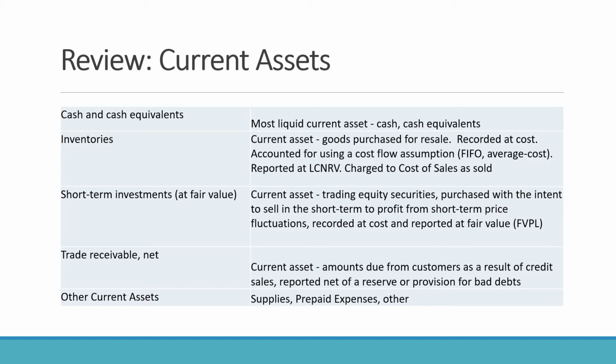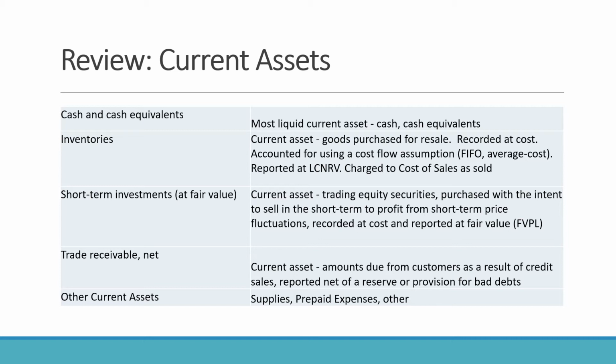Inventories are current assets. They're goods purchased for resale. So remember, we said that current assets are those that we expect to use up or convert to cash within 12 months of the balance sheet date. You should not have more inventory on hand than you would be getting rid of in a year. So inventories are current assets.